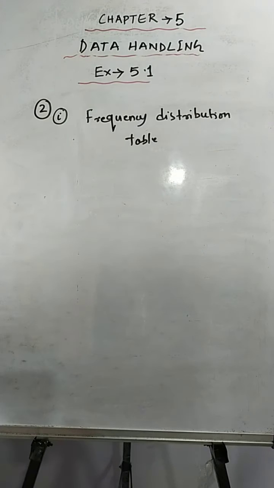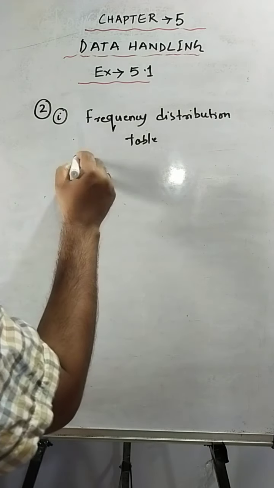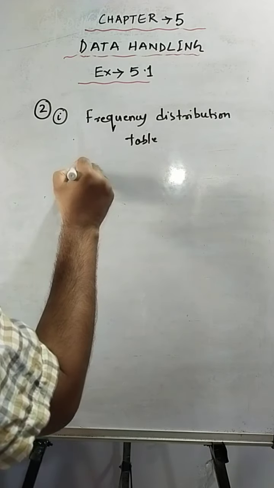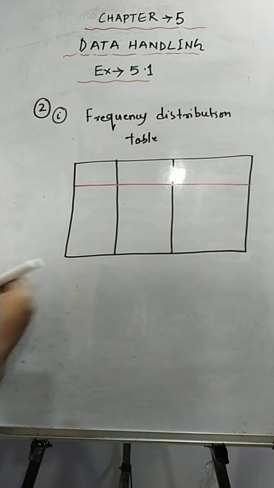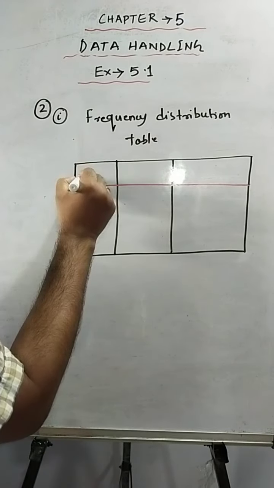Fine. So first let me draw one box. Now you have to divide this box into 3 parts. The first part would be shoppers.